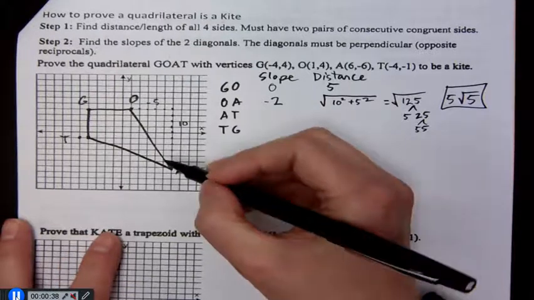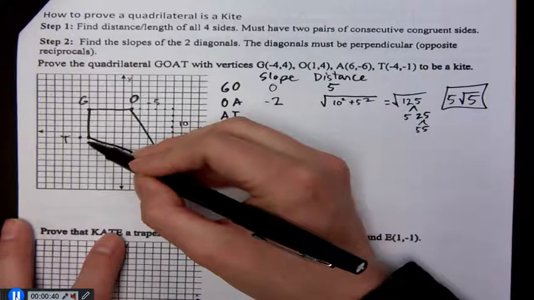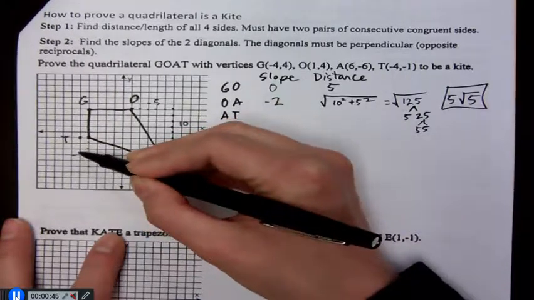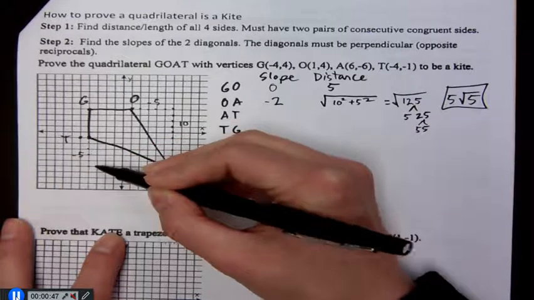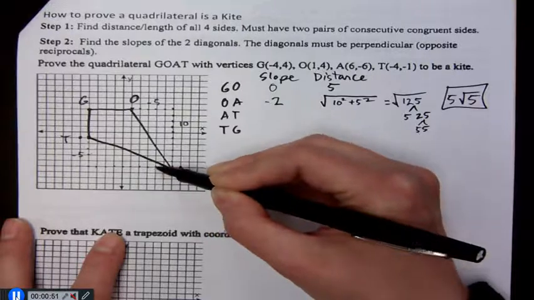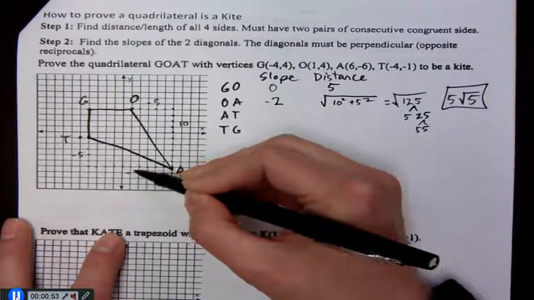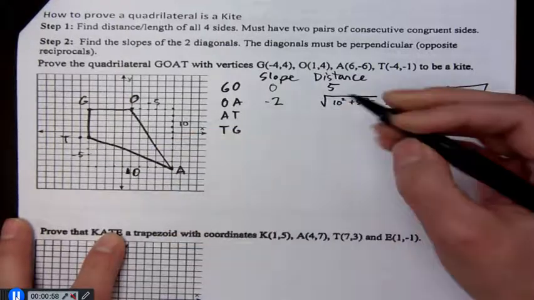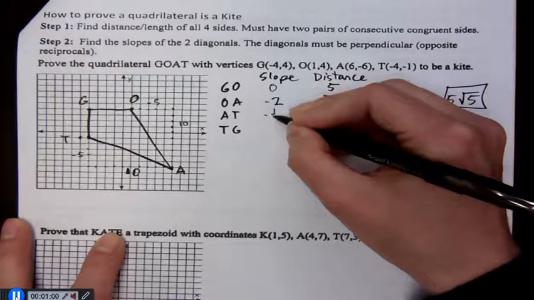All right, what is our slope of AT, or our rise and run of AT? Oh, -2. Yeah. So it's the same, -5 and 10, but -5 goes on top, so it's -1/2.